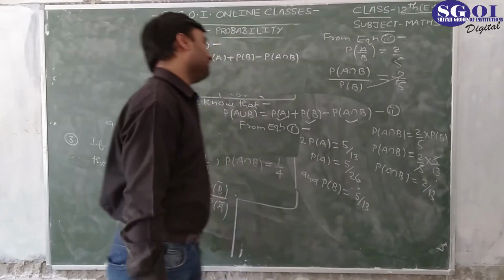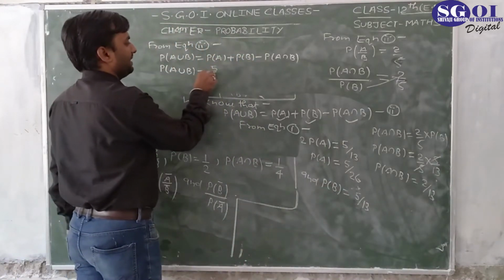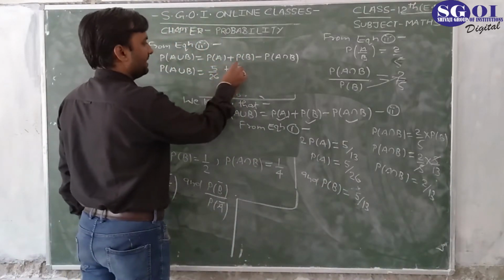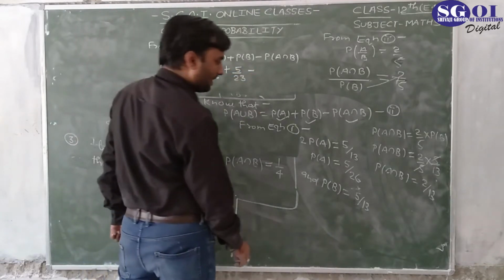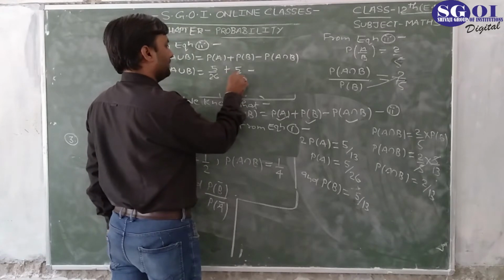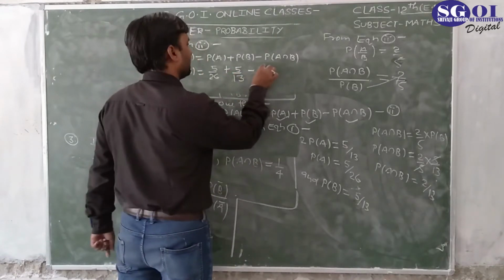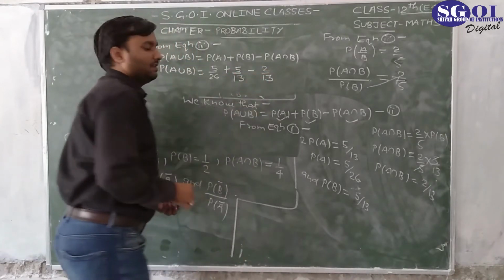Probability of A is equal to 5 by 26 plus probability of B 5 by 13, sorry. Probability of A intersection B is 2 by 13.